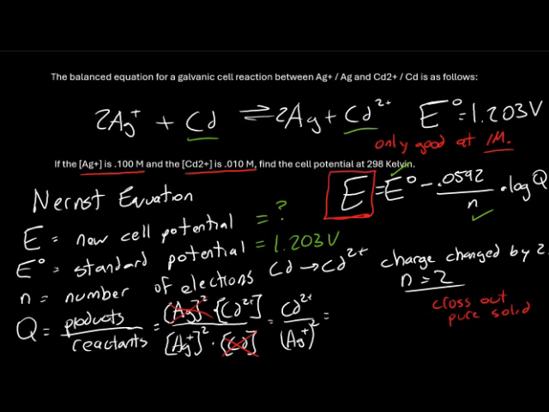Now on the top, our cadmium 2+ is 0.010, and the silver is 0.100 squared. Whatever this is, this will be our value for Q. Therefore, we will check Q off, and now we know all of the unknowns on the right side of the equation, and we can solve for E.